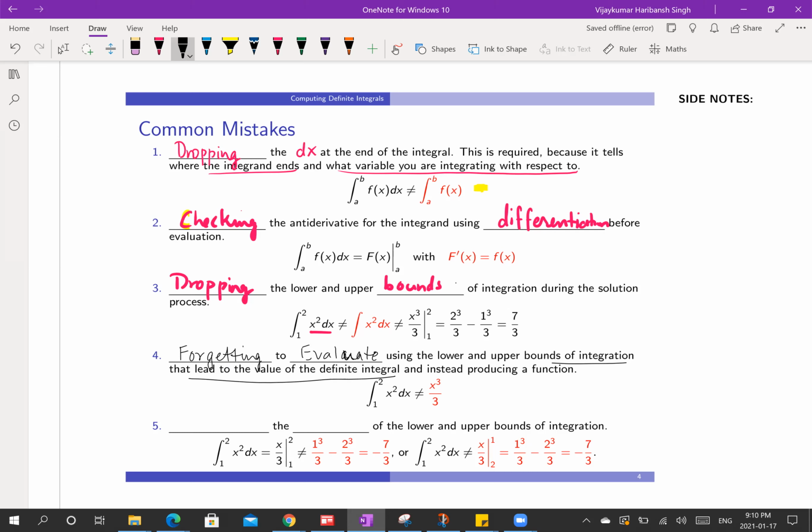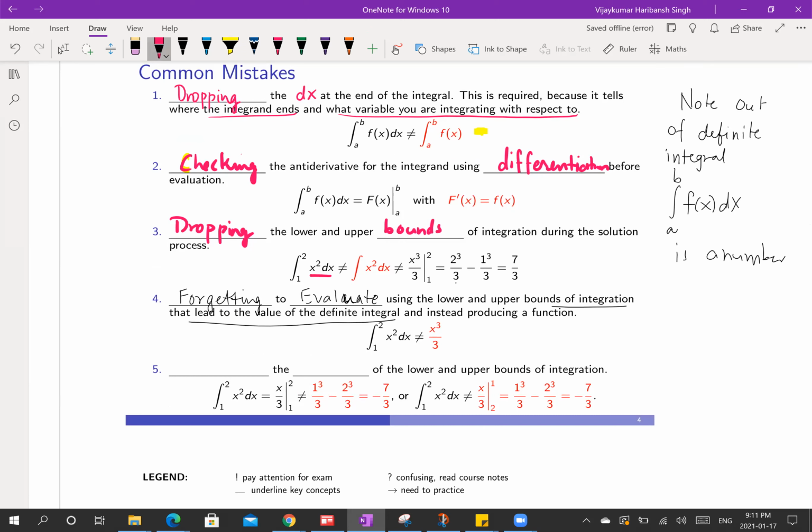Note that the output of a definite integral with constant limits is a number, not a function. We'll discuss the case when it's a function later.